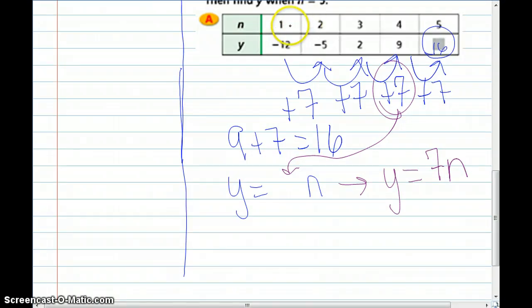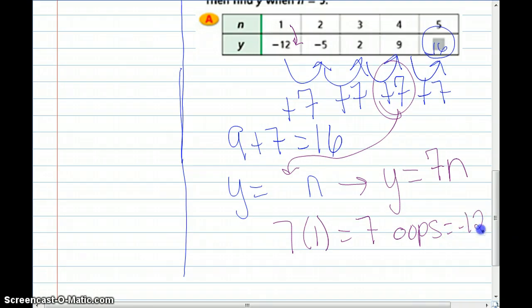Okay, so to go from 1 to negative 12, I would do 7 times 1, and I get 7. Oops, that doesn't work. It's supposed to equal negative 12. So that's when you go back and find what that 0 number would be. What is negative 12 minus 7?